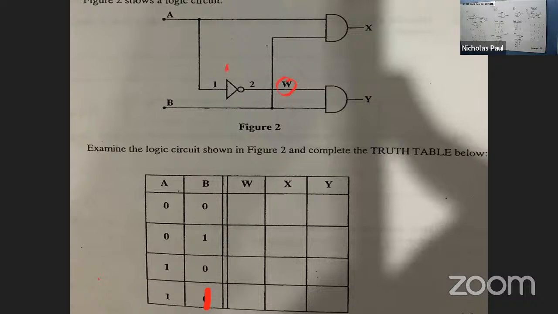W comes from A and the NOT gate. So A to figure out W. And then A and B to figure out X. Right, so to figure out W, you're using the NOT gate and A. To figure out X, you're using A and B. To figure out Y, you're using W and B.